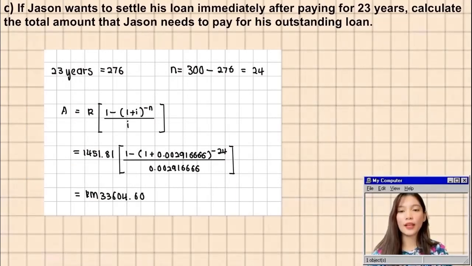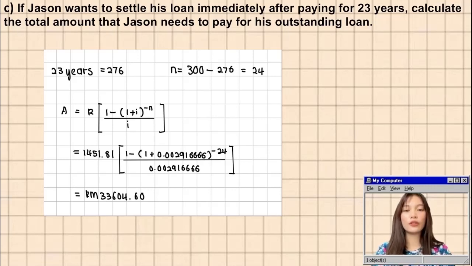Question C. If Jacyln wants to settle his loan immediately after paying for 23 years, calculate the total amount that Jacyln needs to pay for his outstanding loan. 23 years equals 276 months. N equals 300 minus 276 equals 24.